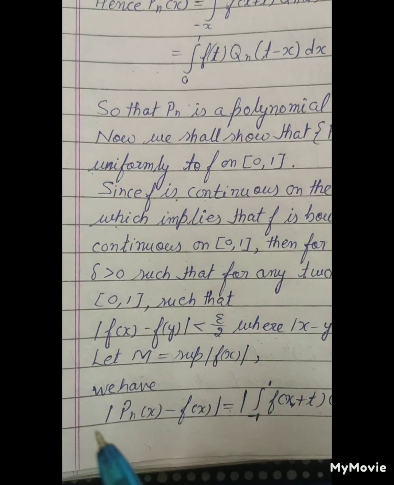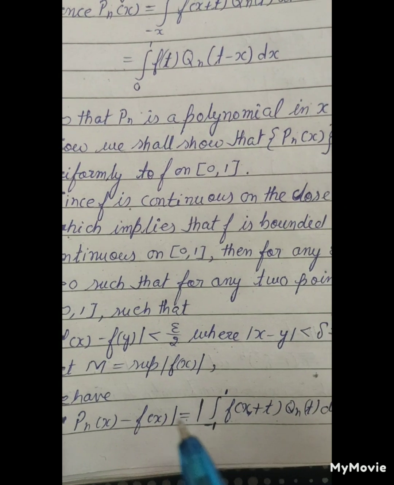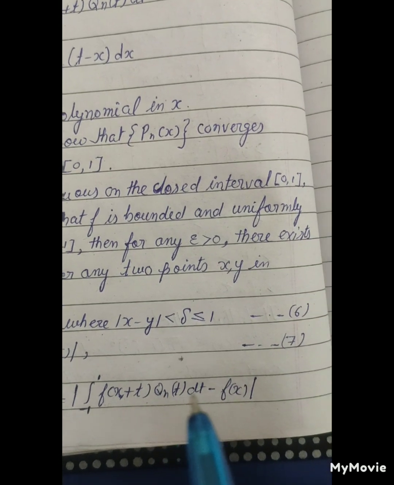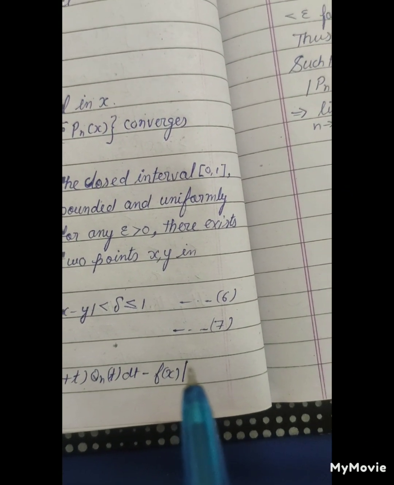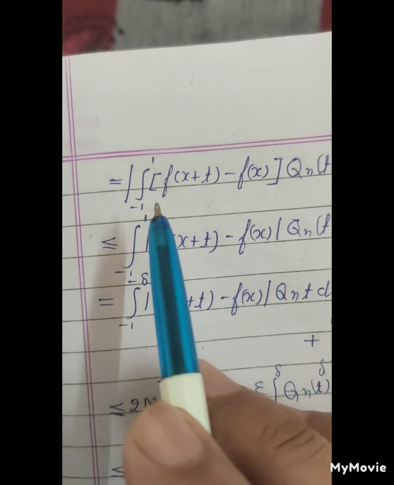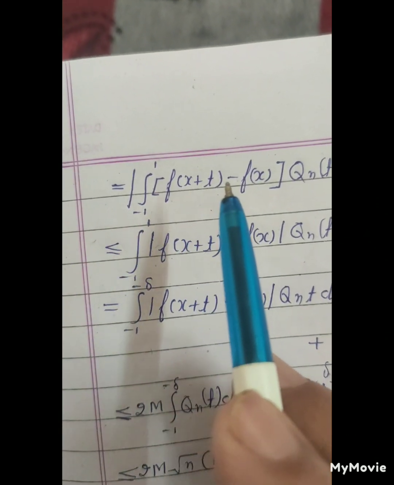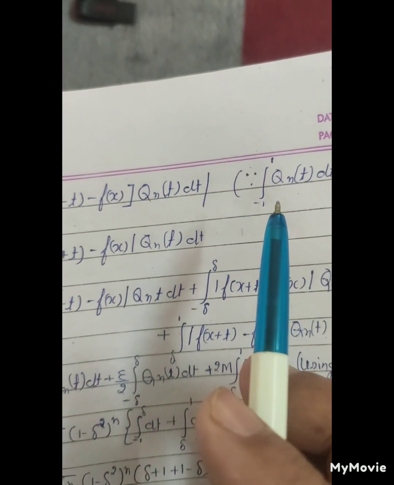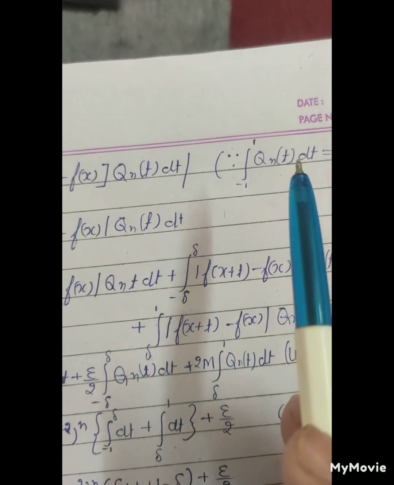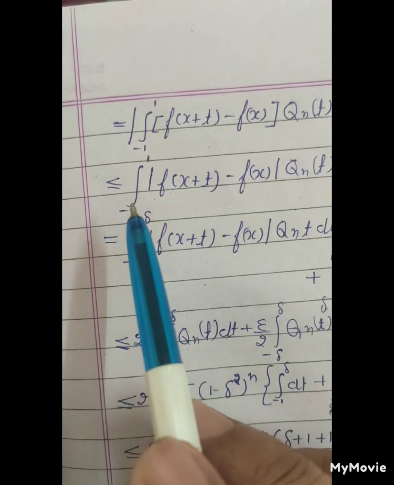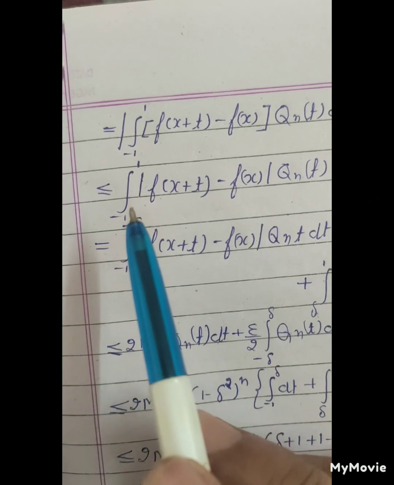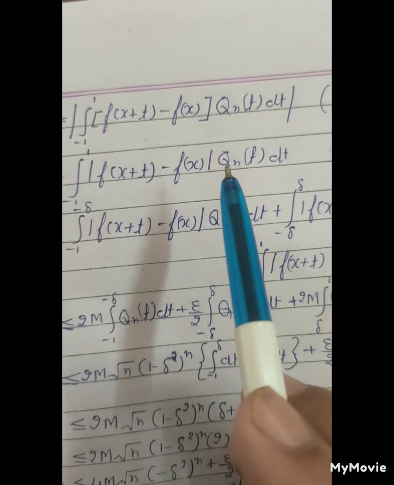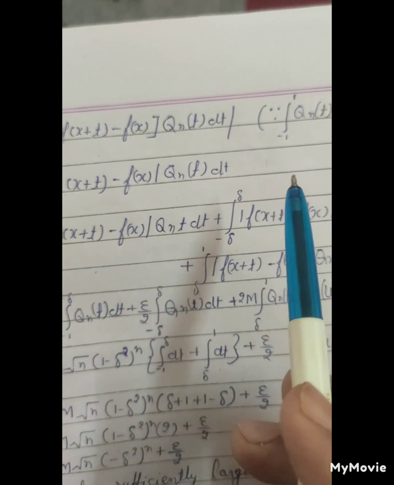Equation 7: we have modulus of p n of x minus f of x equals modulus of the integral from minus 1 to 1 of f of x plus t into q n of t dt minus f of x, which equals modulus of the integral from minus 1 to 1 of f of x plus t minus f of x into q n of t dt, because the integral from minus 1 to 1 of q n of t dt equals 1. This is less than or equal to the integral from minus 1 to 1 of modulus f of x plus t minus f of x into q n of t dt.